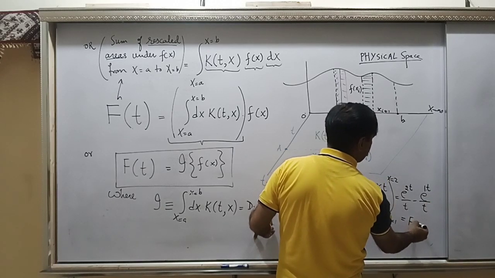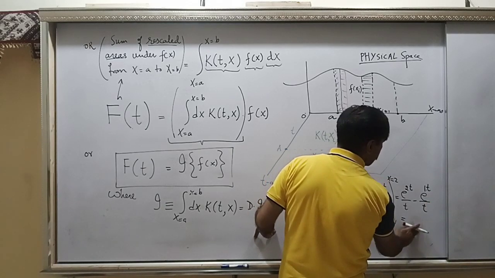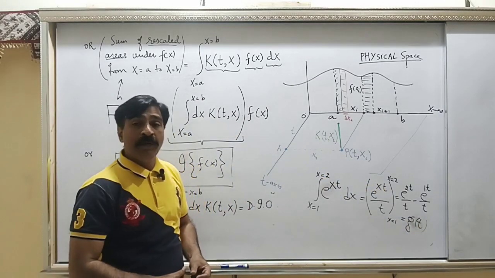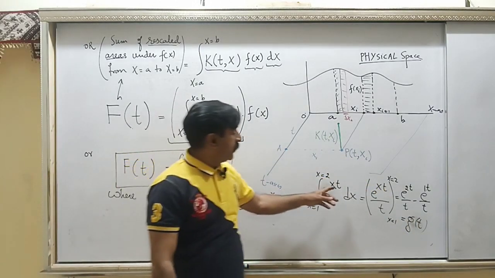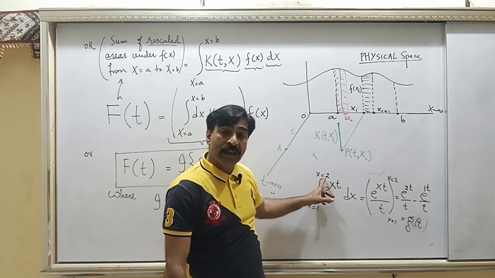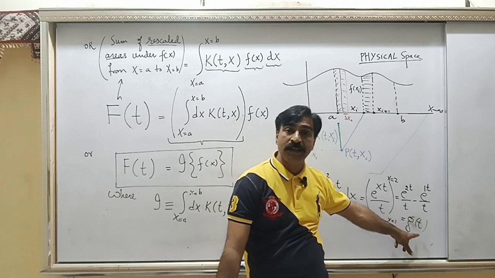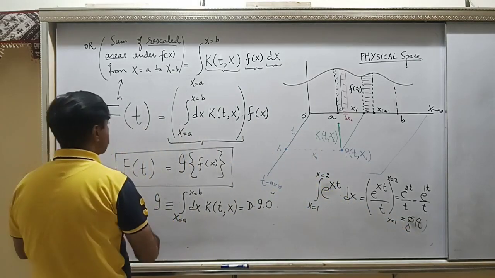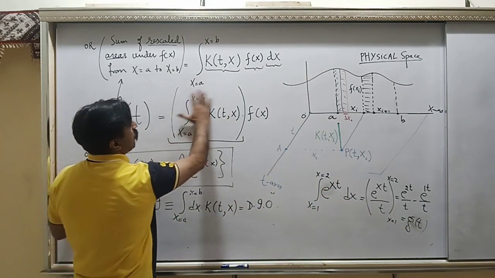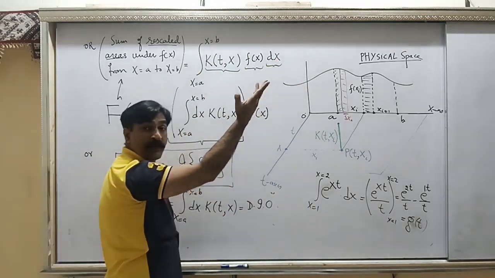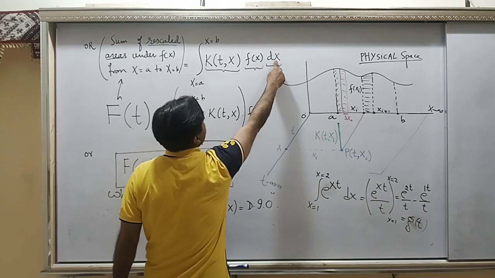Look, you have a function of t only. This is some function of t only. So when you integrate a variable in a definite integral, the variable of integration vanishes in the final answer. Quite the same is the case here. This overall is an integral in your old meaning, and it is an integral over x.